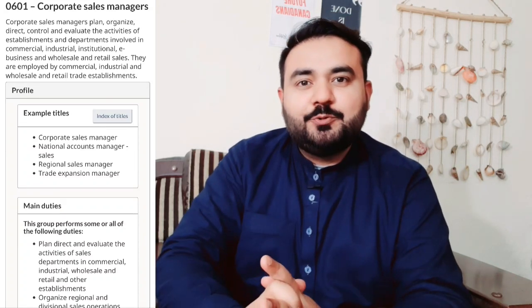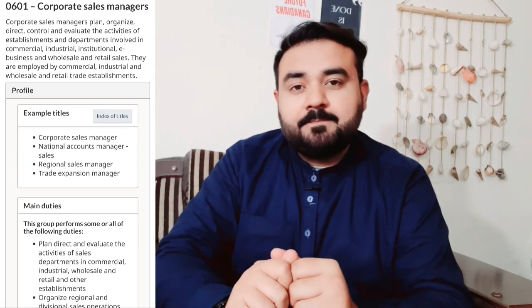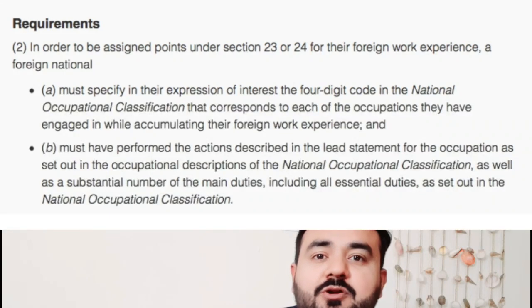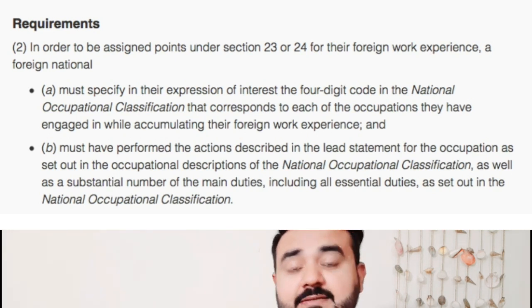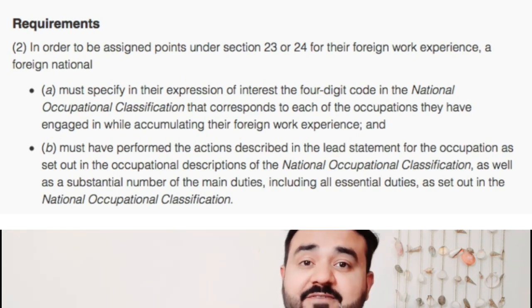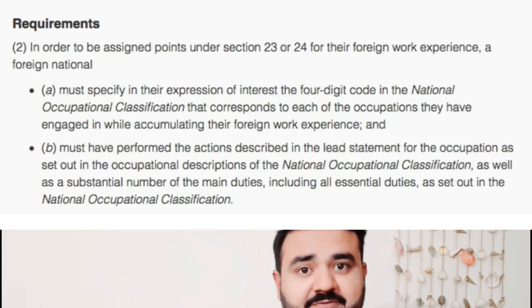When it comes to job duties, according to IRCC, and I would leave this screenshot here as well, a substantial number of job duties must match with your actual job duties. When we talk about this, substantial is ambiguous, right? But most people are certain that a 75% match is the perfect match.